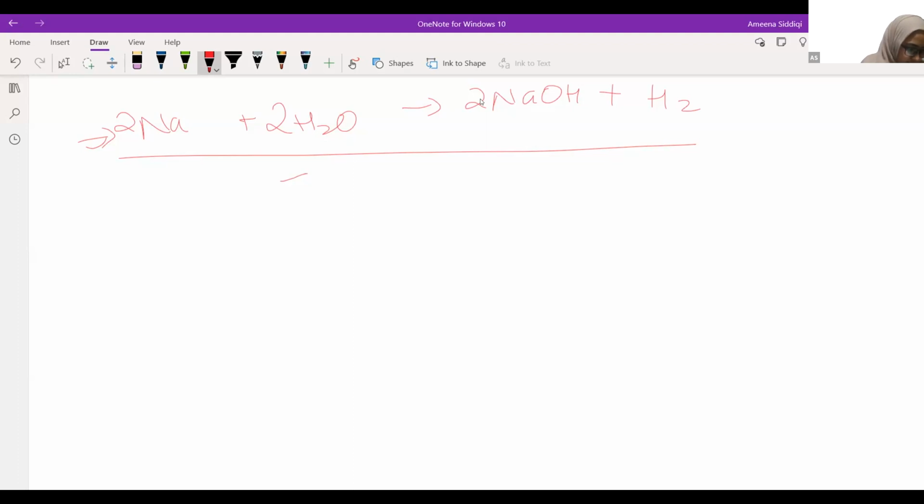This one. Tell me this one. Balanced or not? Try to balance it.